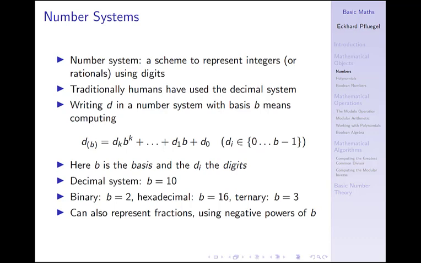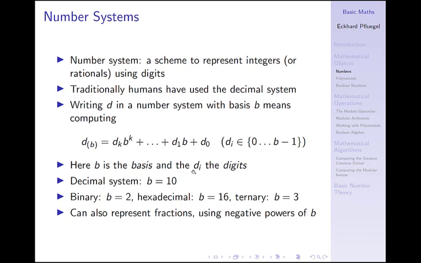So for example, 1/10 is clearly 10 to the power minus 1. So 1/10 is nothing else than 0.1. So we introduce the comma or the full stop to say that anything further to the right of the full stop is actually a negative power, increasing negative powers or decreasing, depending how you see it.